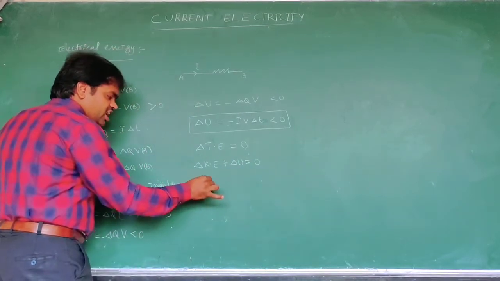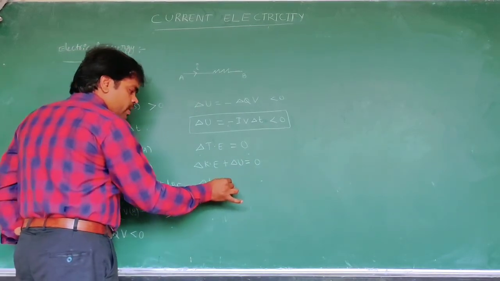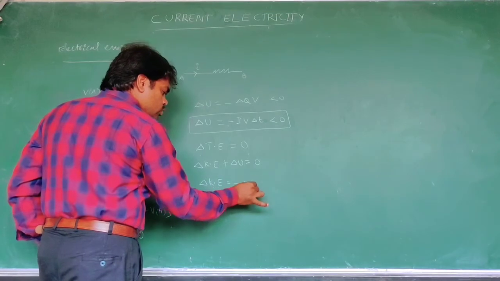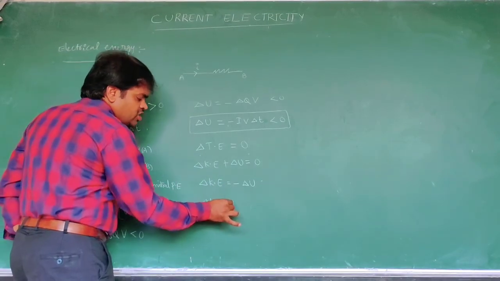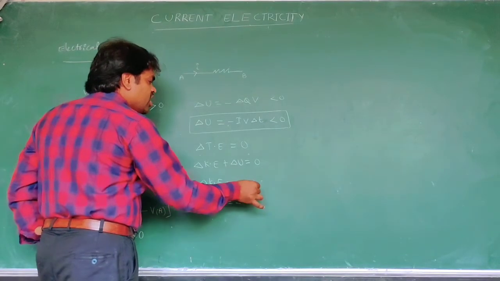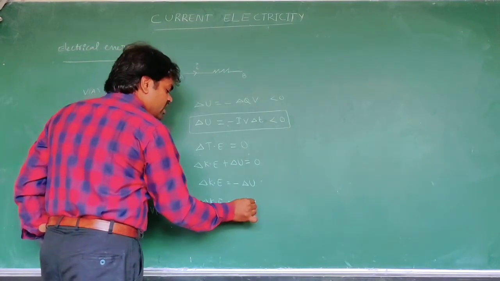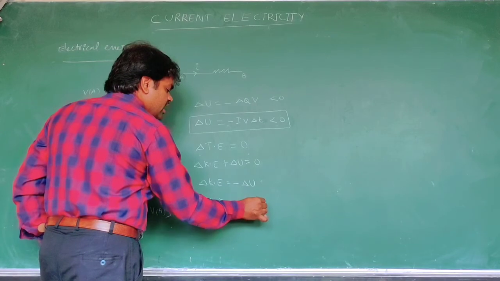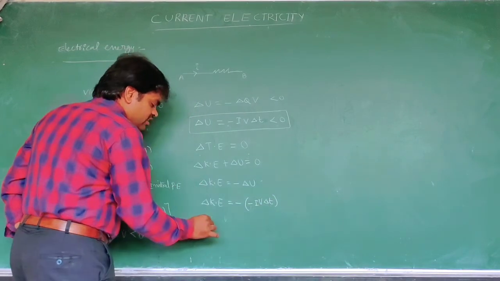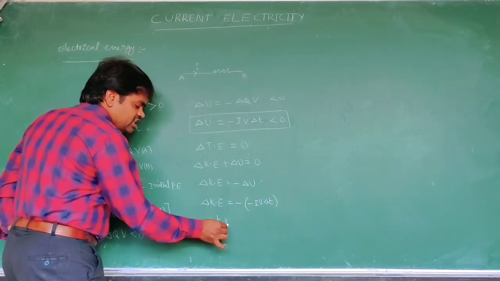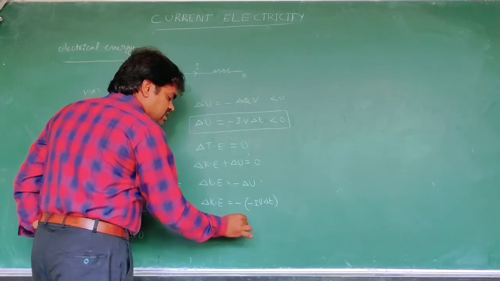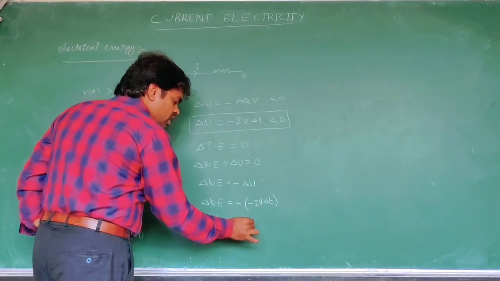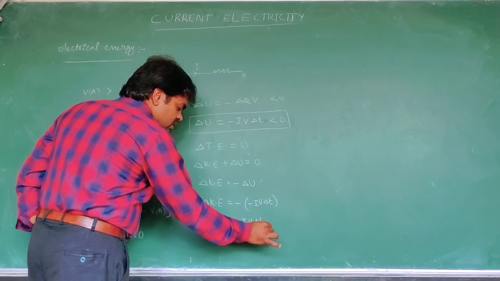So delta KE equals minus delta U, that is minus of minus I V delta t. Then the kinetic energy is plus I V delta t.